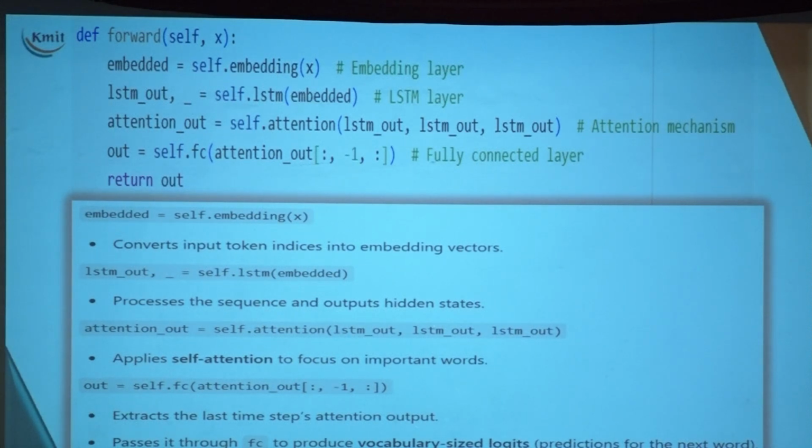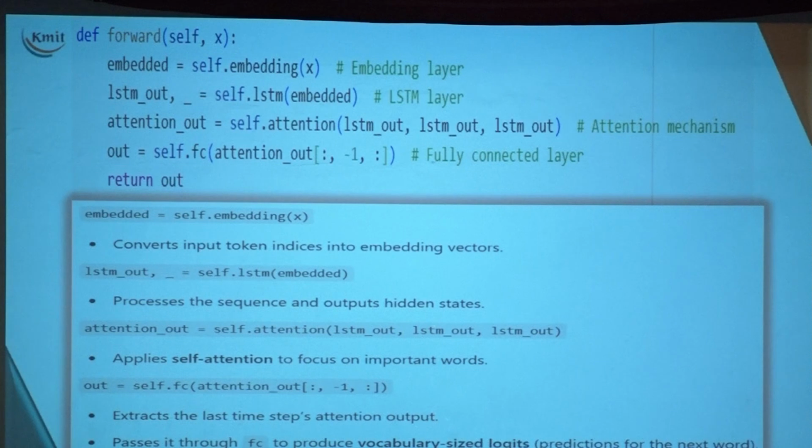Do you understand? All the keys, all the values, but only one query. So from attention out you will get all these values, but when you are giving it to your fully connected layer, you only want to give one hidden state, the last hidden state.